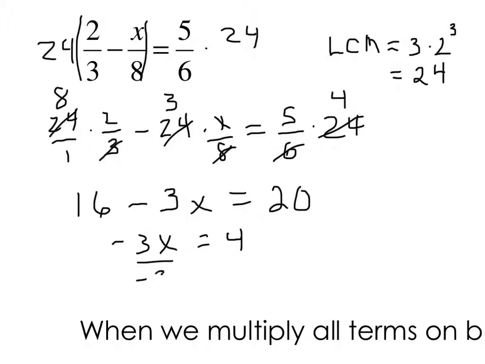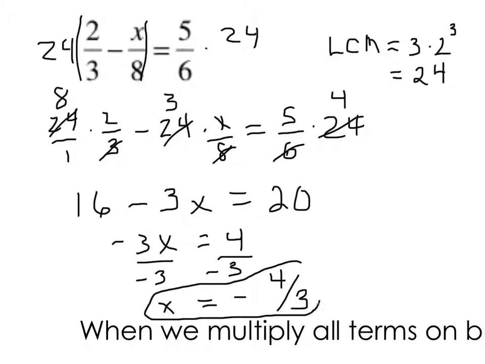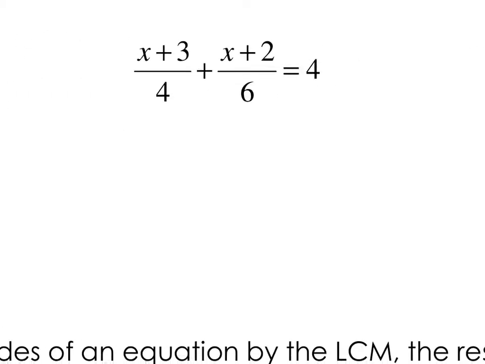Let's divide both sides by a negative 3, and we get x equals negative 4/3. Okay, that is our solution. You may substitute that back into the original equation and see that it is a solution. It makes a true statement in the original equation.